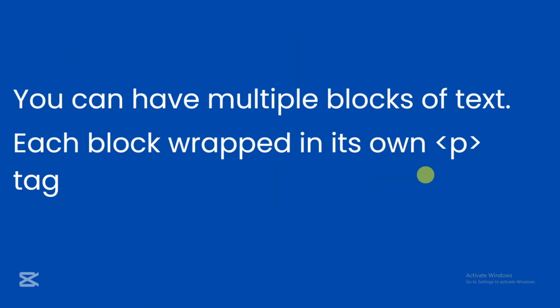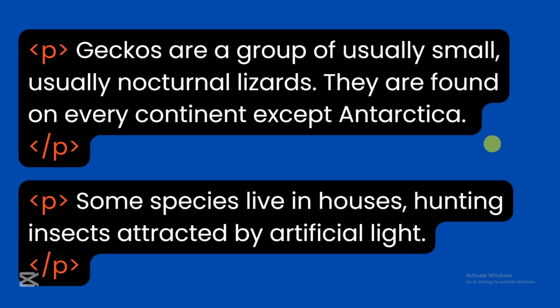Now you can have multiple blocks of text, but always remember that each block should be wrapped in its own p tag. Let's look at an example. Here we have 2 blocks of text. The first one is wrapped in its own p tag.